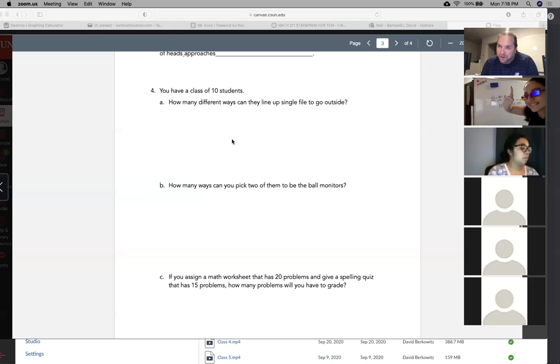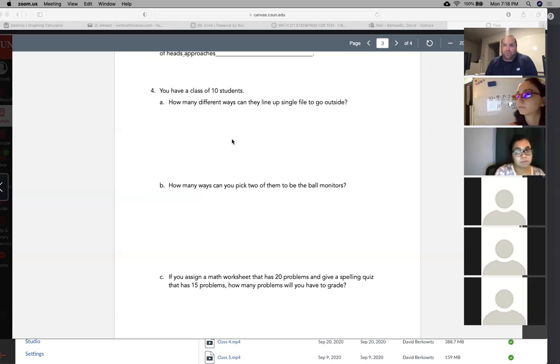Well, that's what I thought, but it didn't say that person stays at the front. Well, that's kind of assumed. You're lining up single file, right? Once you get in line, you don't leave line and make a new line or anything like that. There were no trick questions here. Just a basic single file, 10 options, 9 options, 8 options, 7 options, and so on.